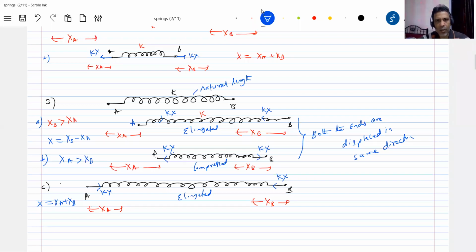Okay, let's do one last case, option D, this one. Here, what I do is compress the spring. So this is the xa.